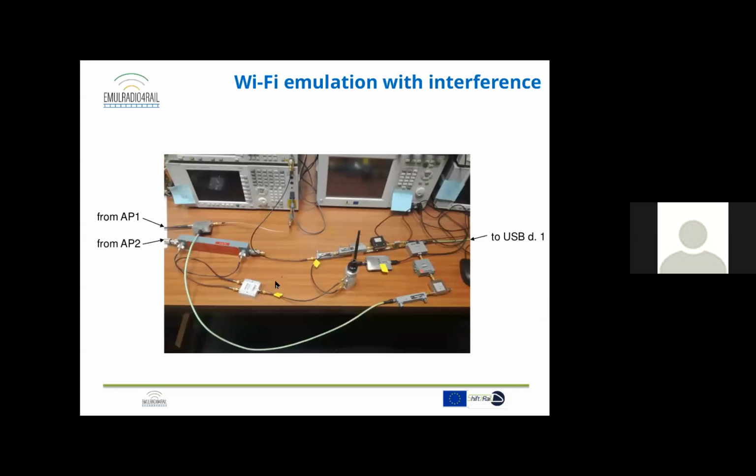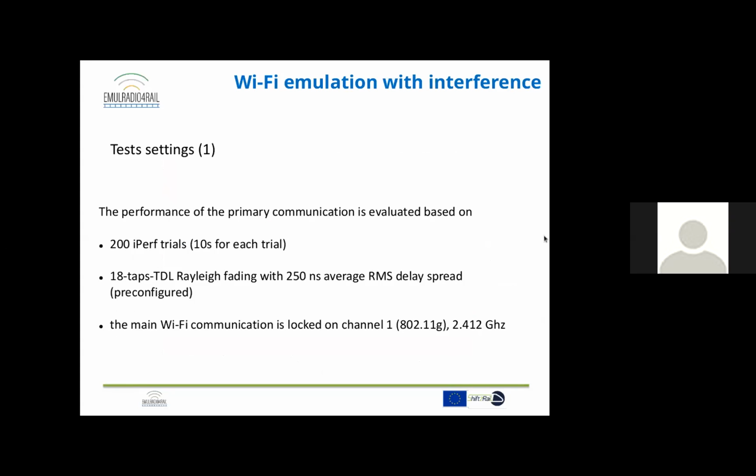Here is the photo of the RF connections. Here are the connections from access point 1 and access point 2. Access point 1 refers to the main communication, and access point 2 refers to the interfering signals. Here is USB dongle 1, which is always related to the main communications.